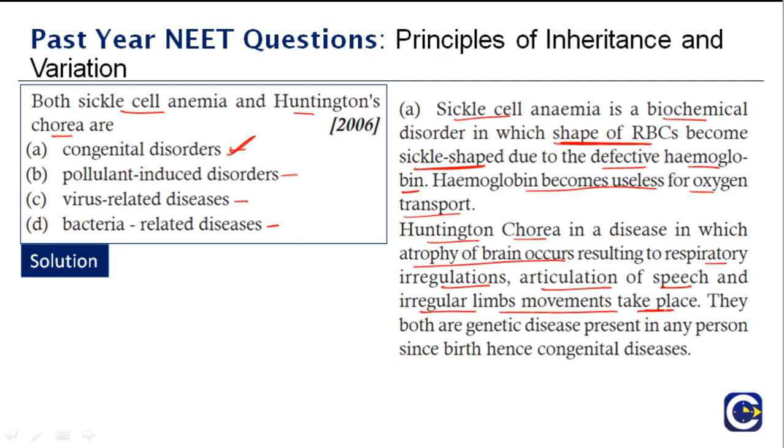These are the symptoms of this disease. They both are genetic diseases present in a person since birth. Any genetic disorder present since birth is a congenital disorder. So both sickle cell anemia and Huntington's chorea are congenital disorders and the answer is A.